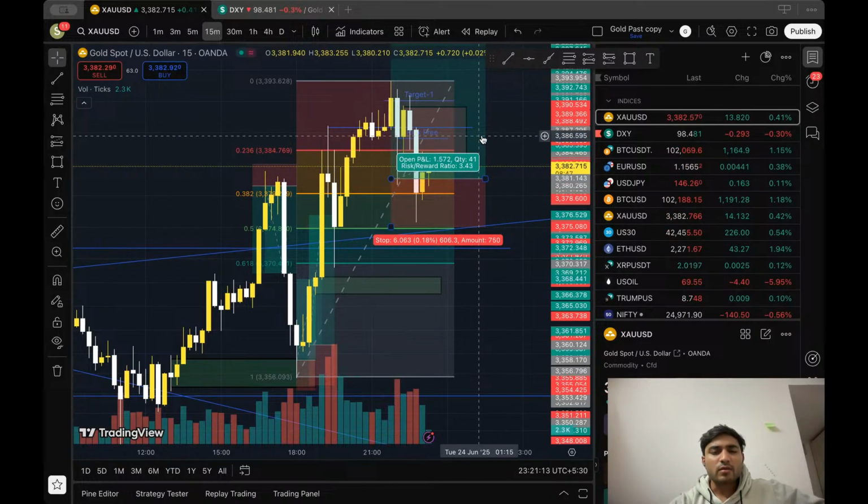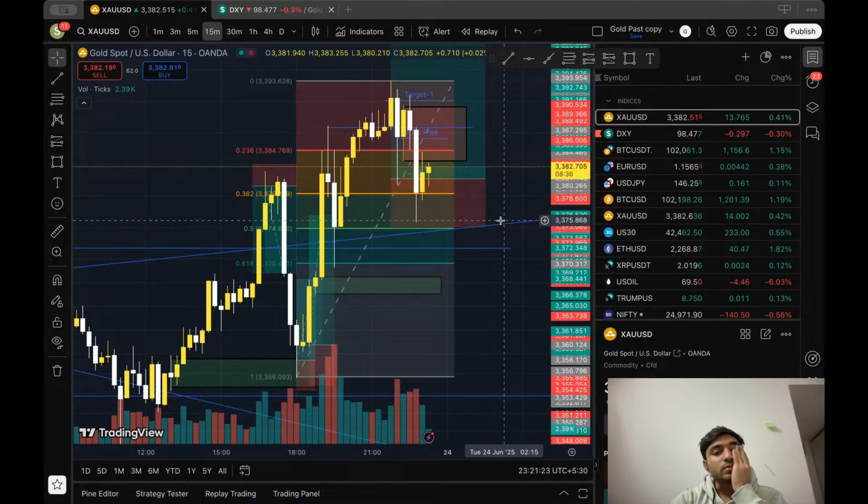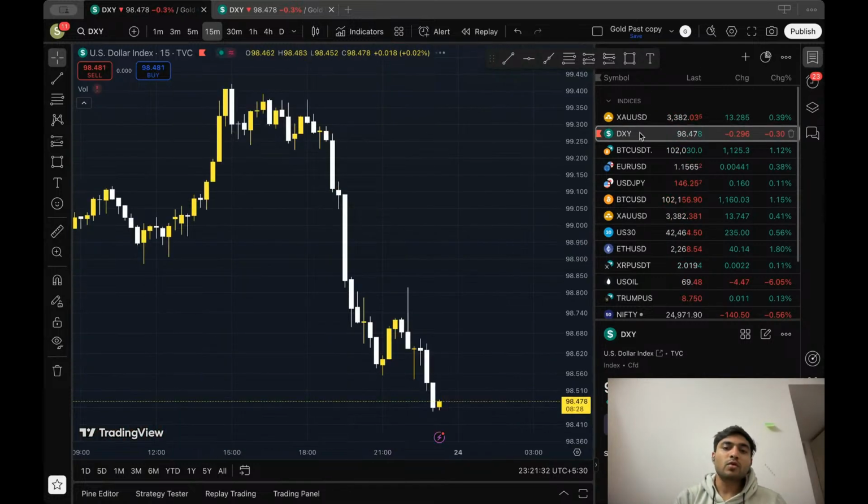You could take out 20 pips, which we are at 15 pips. We could take out at 20 pips. I don't know if we go to that. We take out at entry as much as possible because the problem is our intuition is correct. We are correct with everything, but there is no volume.